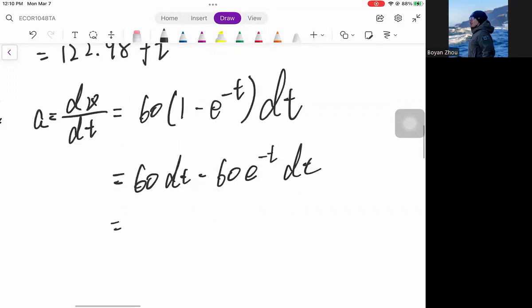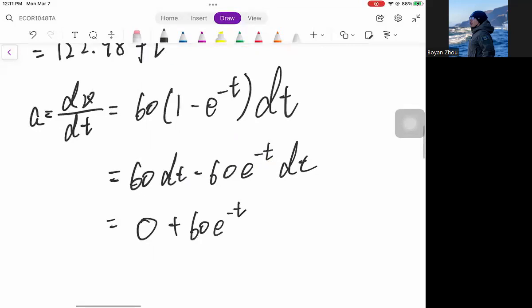The derivative of 60 is going to be 0. And negative 60 e to the power of negative t is going to be plus 60 e to the power of negative t, because we can have a -1 in front, and the -1 cancels with the -1 here, so they become a positive sign. So we have a positive 60, and everything else remains the same.